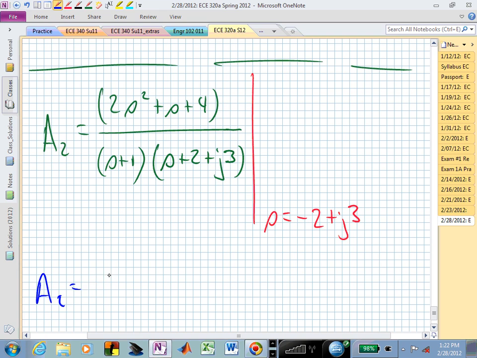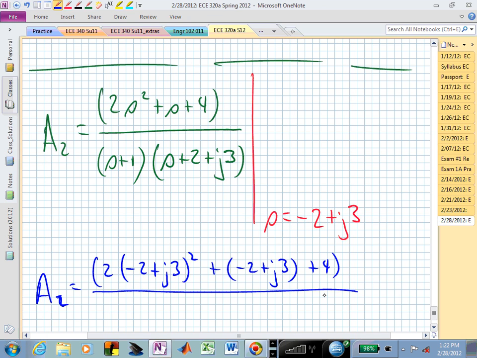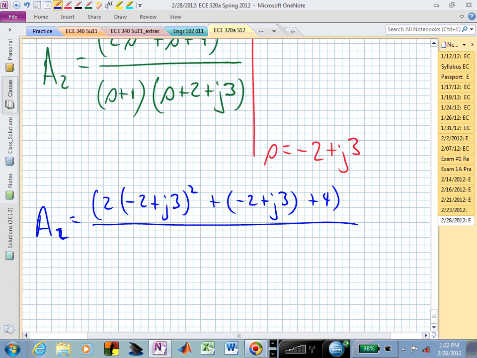A sub 2 is now 2 times (minus 2 plus j3) squared plus (minus 2 plus j3) plus 4, all over (minus 2 plus j3 plus 1), and we have (minus 2 plus j3 plus 2 plus j3).